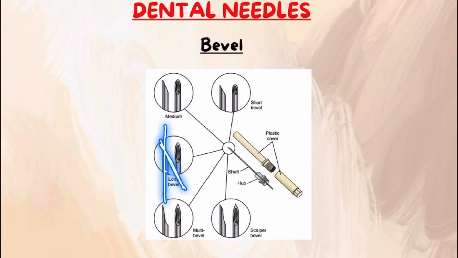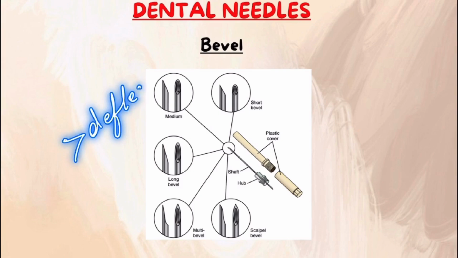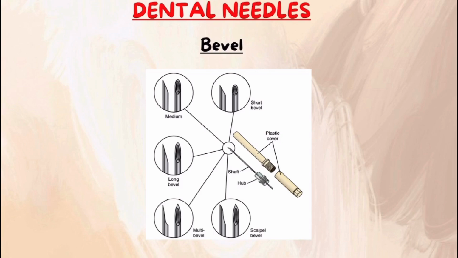If the angle between the long axis of the needle and the bevel is greater, then there is more deflection, or bending, when you insert the needle into the soft tissue. So if your goal is to give a nerve block, you will need a needle with minimal deflection.